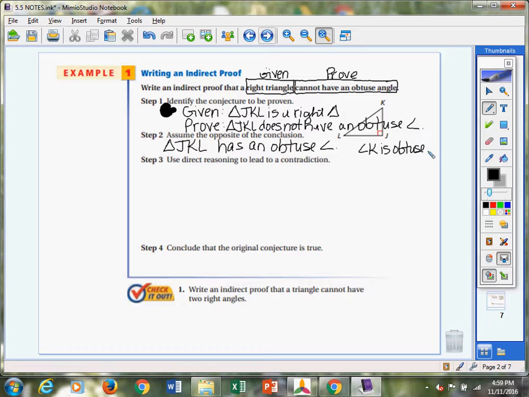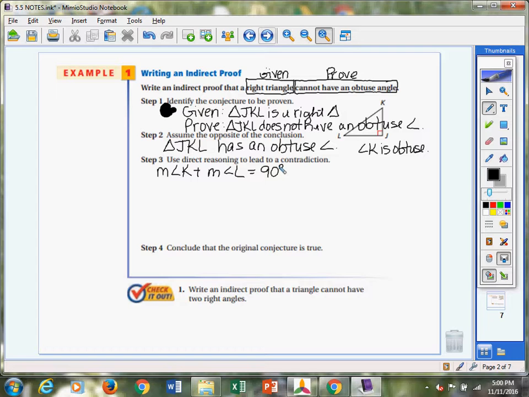In right triangles, do you remember learning that the acute angles of your right triangle are complementary? So whatever K is equal to, whatever L is equal to, they're going to add up to be 90 degrees. Okay, we know that the other angles that are not the right angle are complementary.